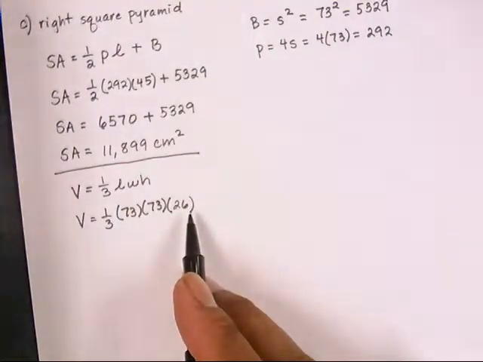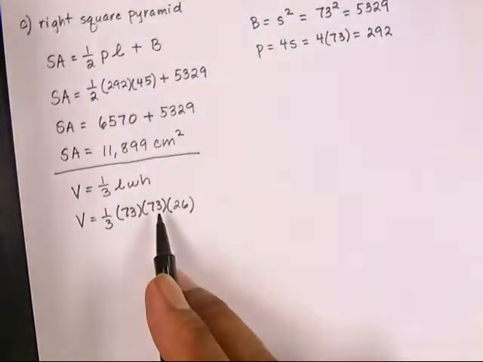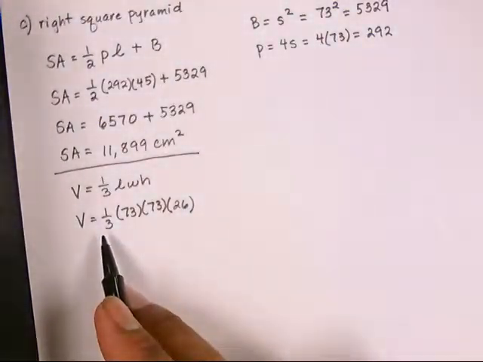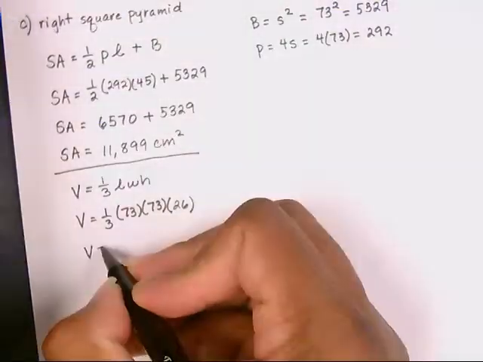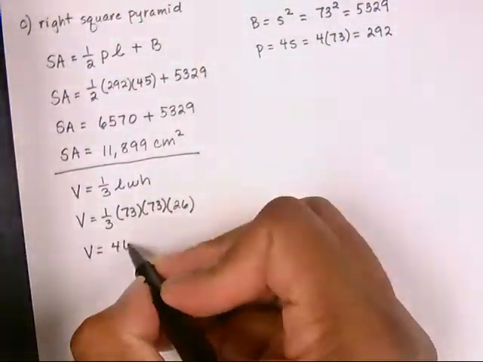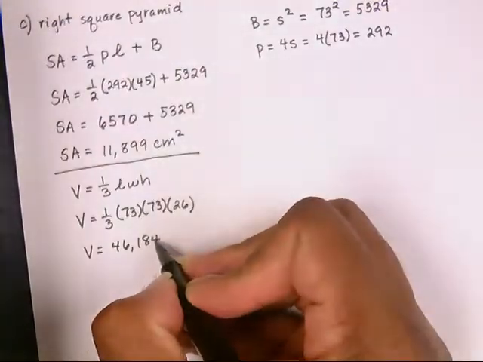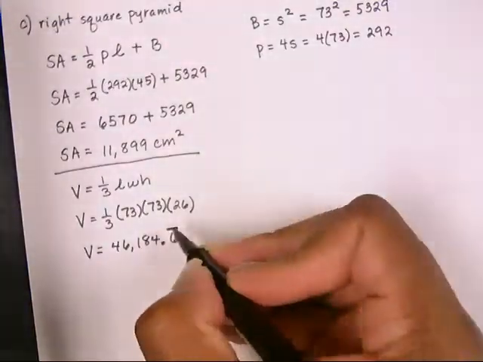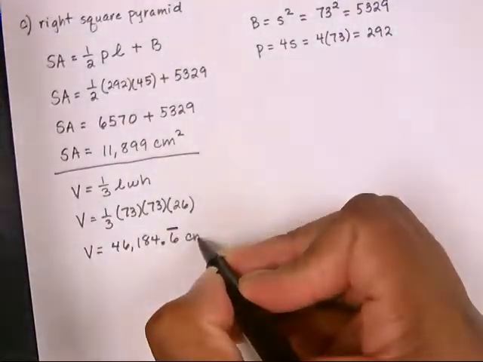Now if you do all of this in the calculator, take 73 times 73 times 26 and divide that by 3, you're going to get a decimal of 46,184.6, and this does repeat.